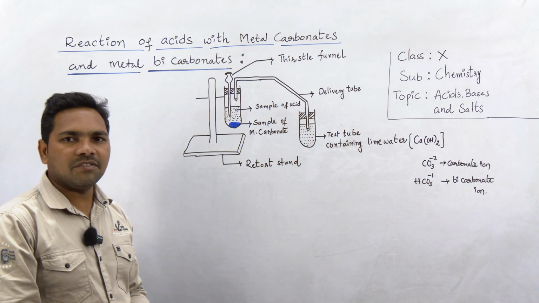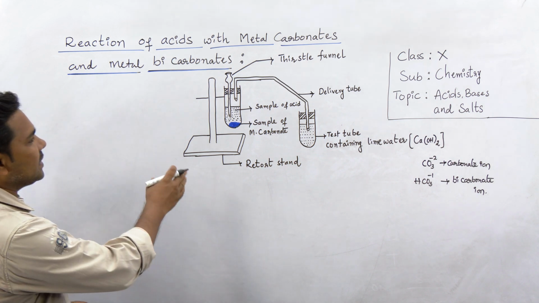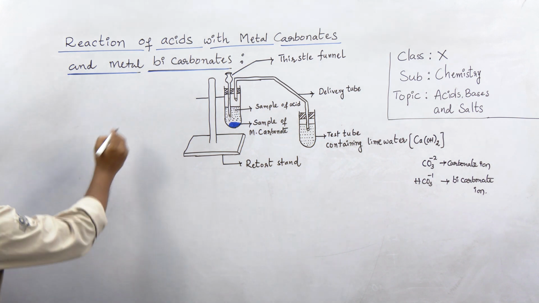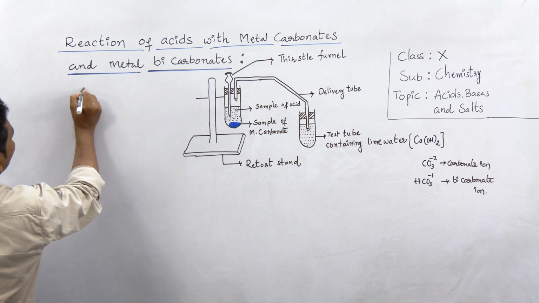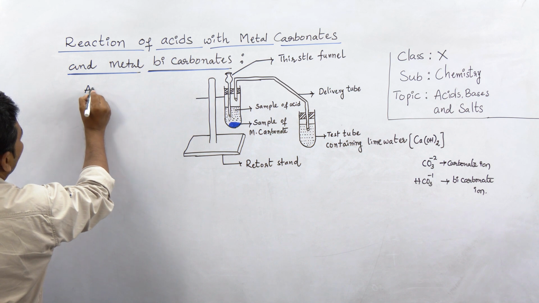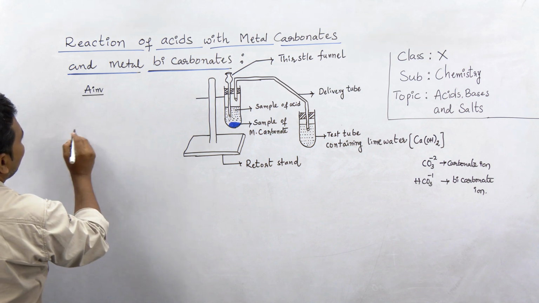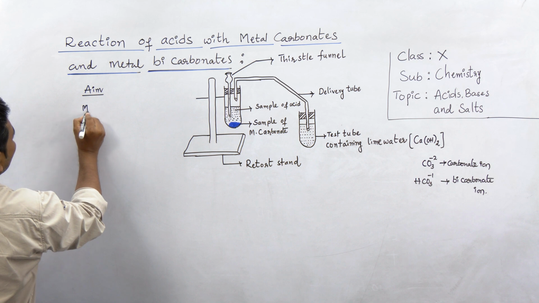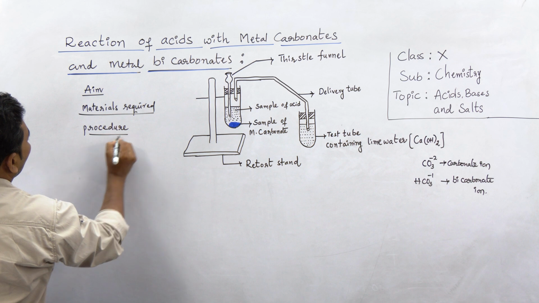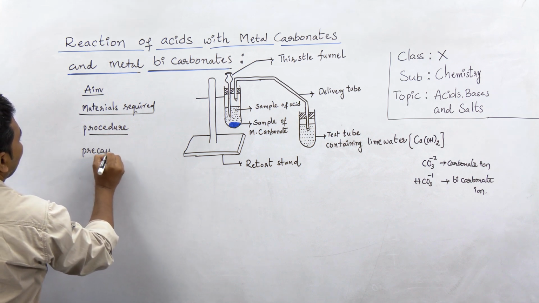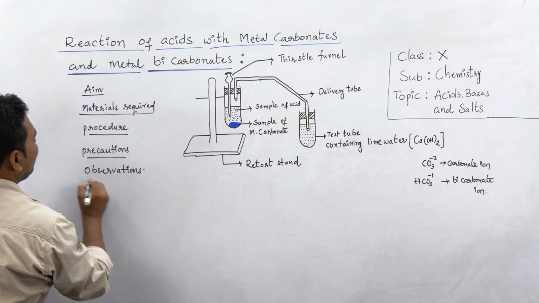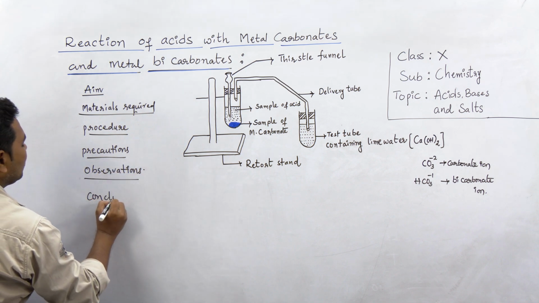As we discussed in the case of metals reacting with acids, here is the reaction of acids with metal carbonates and metal hydrogen carbonates. As with every activity, if it comes as a long answer type question, we have to use all these side headings: aim of the experiment, materials required, procedure, precautions, observations, and finally conclusion.